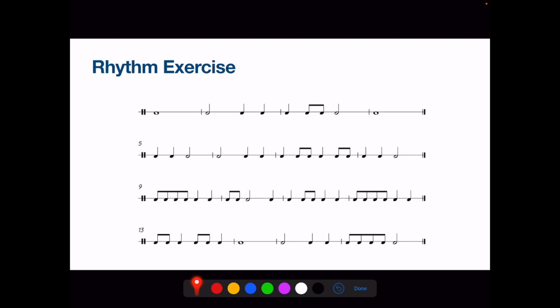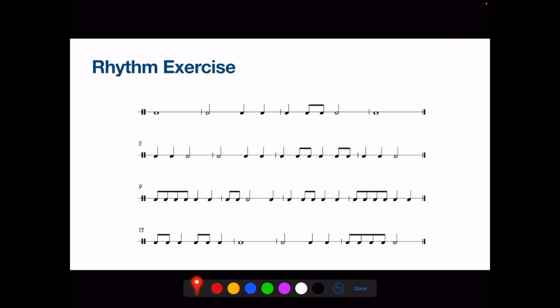All right, the second one has basically the same kind of notes, so it shouldn't be that hard. Okay, let's try the second one. Ta, ta, ta, ta, ta, ta, ta, ti, ti, ta, ti, ti, ta, ta, ta.